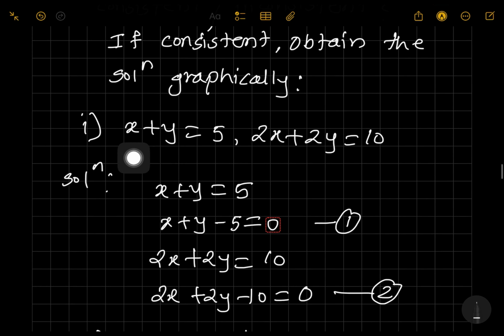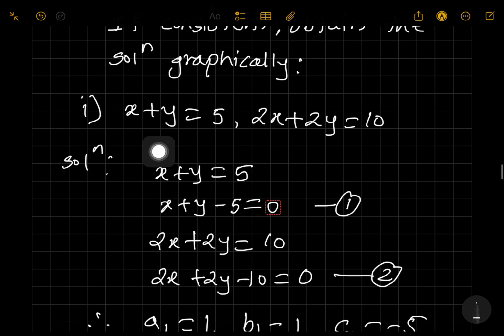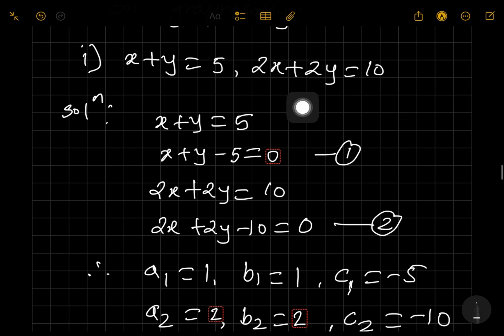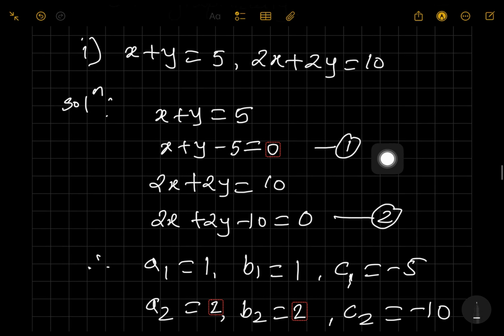Now see here, the first example: linear equations in two variables, x plus y equal to 5, and 2x plus 2y equal to 10. We will write these two equations in standard form. x plus y equal to 5: this 5 we bring to this side, so it becomes x plus y minus 5 equal to 0.